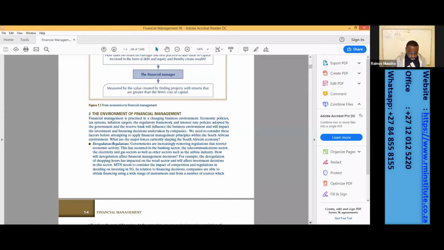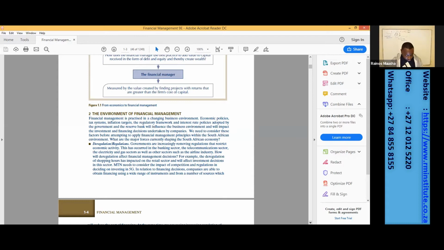In section 2, we look at the environment of financial management. So we look to see exactly how the environment of financial management has evolved from a South African perspective. I don't expect this to be something highly examinable in the exam, but it's something that you just need to know from a practical point of view.